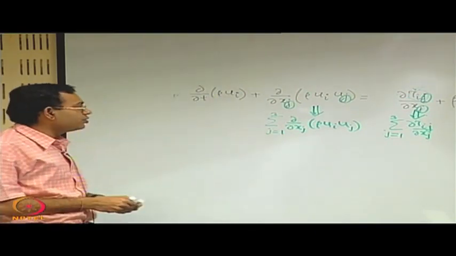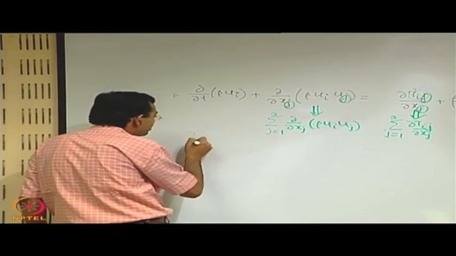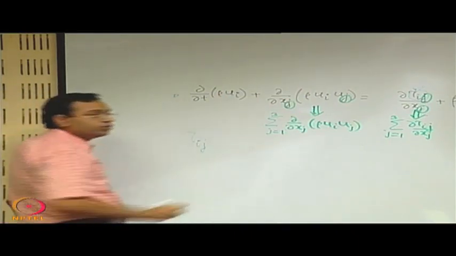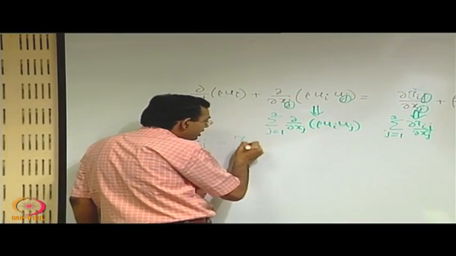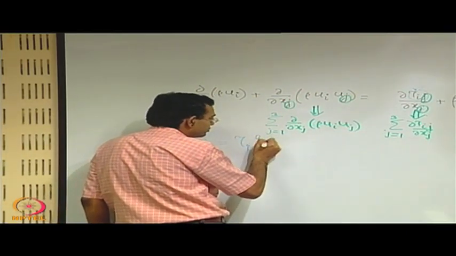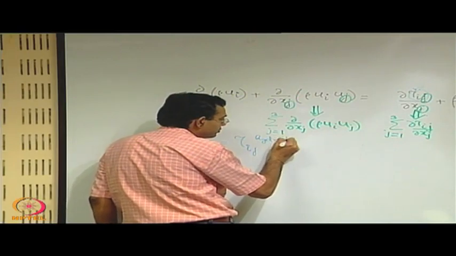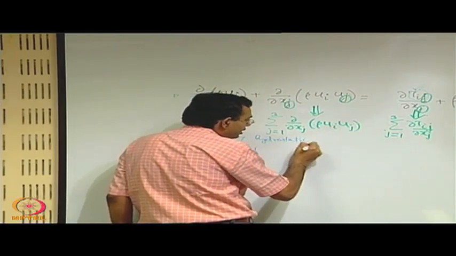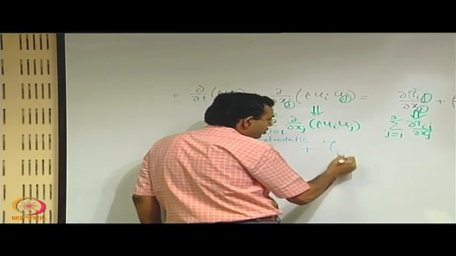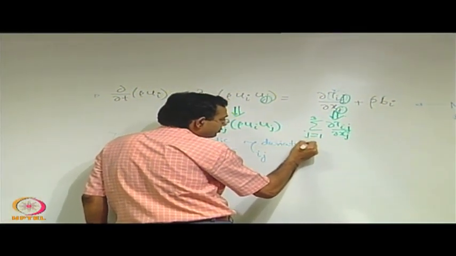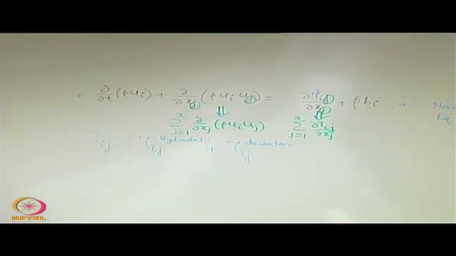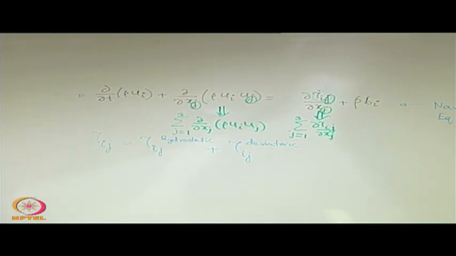Accordingly, what we may do is decompose this tau ij into two parts. One part we say is a hydrostatic component, and the other part we call a deviatoric component.